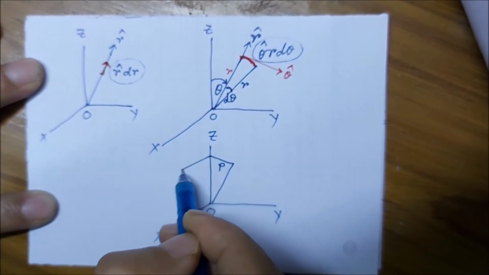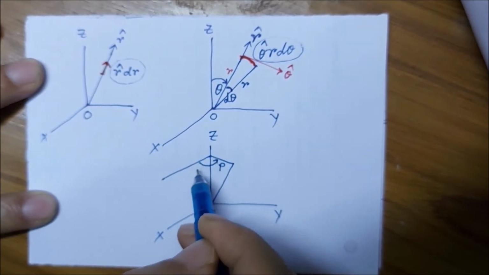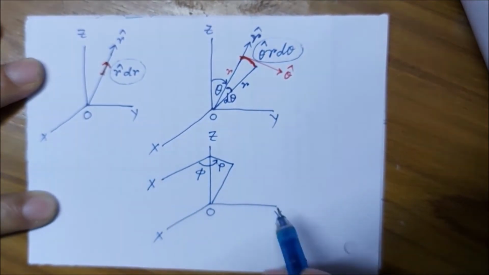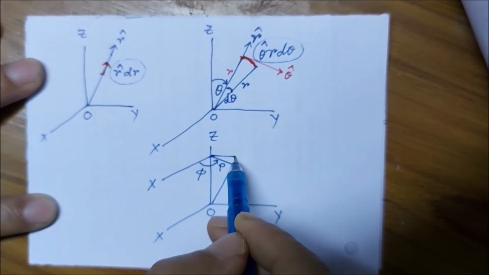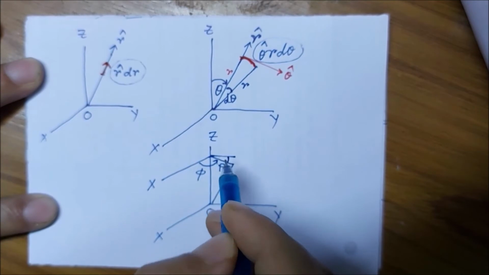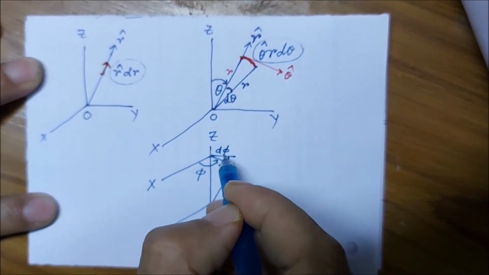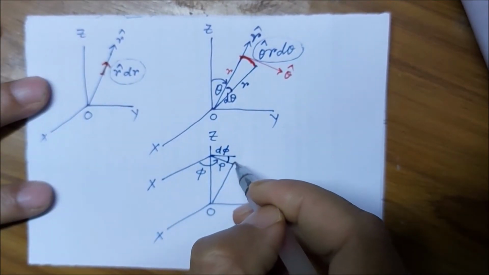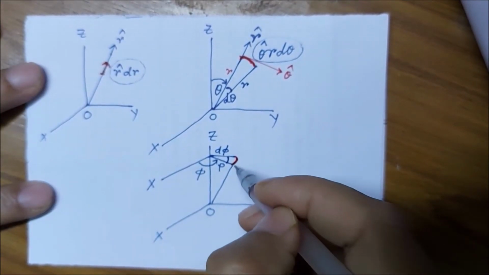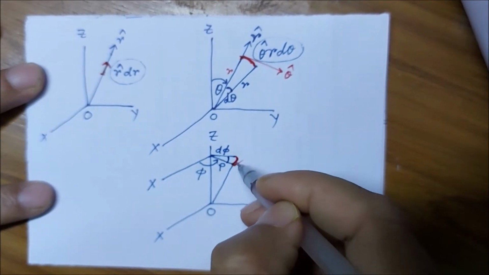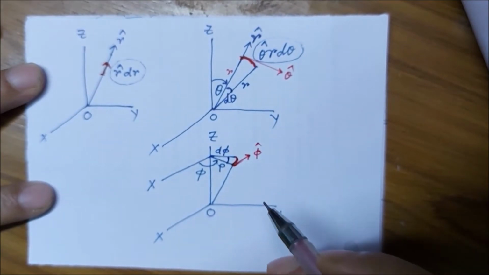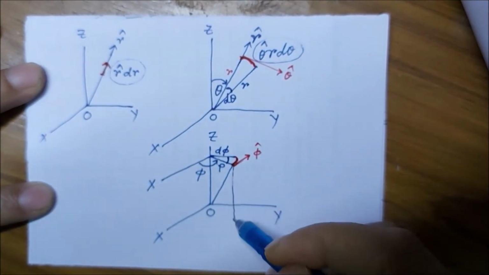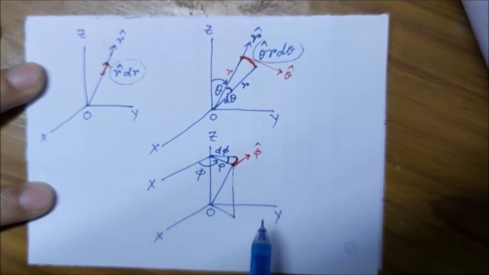This is rho, this angle is phi, and suppose phi increases by an amount d phi. So this is d phi. So an arc is traced, which has been shown here, and the tangent to it is phi hat in the xy plane. We can also show it in the xy plane.